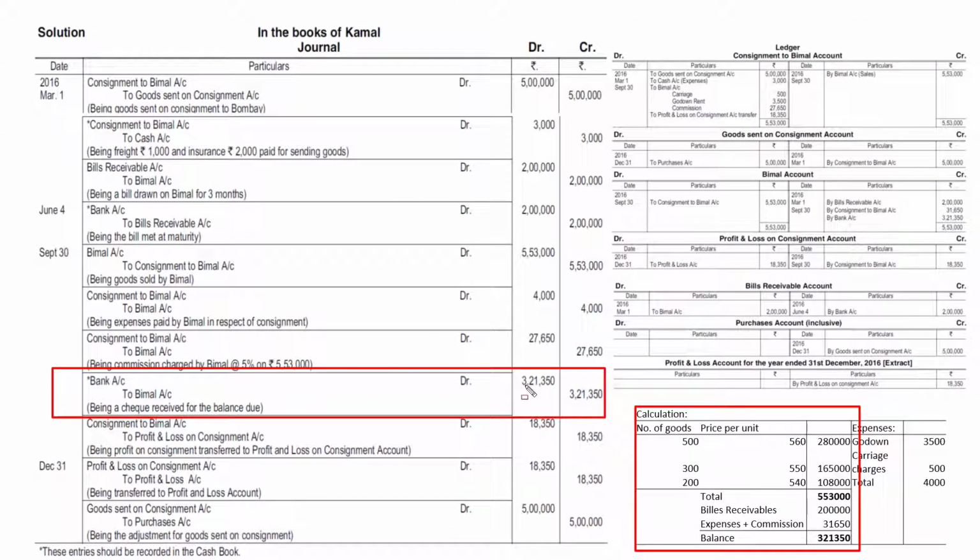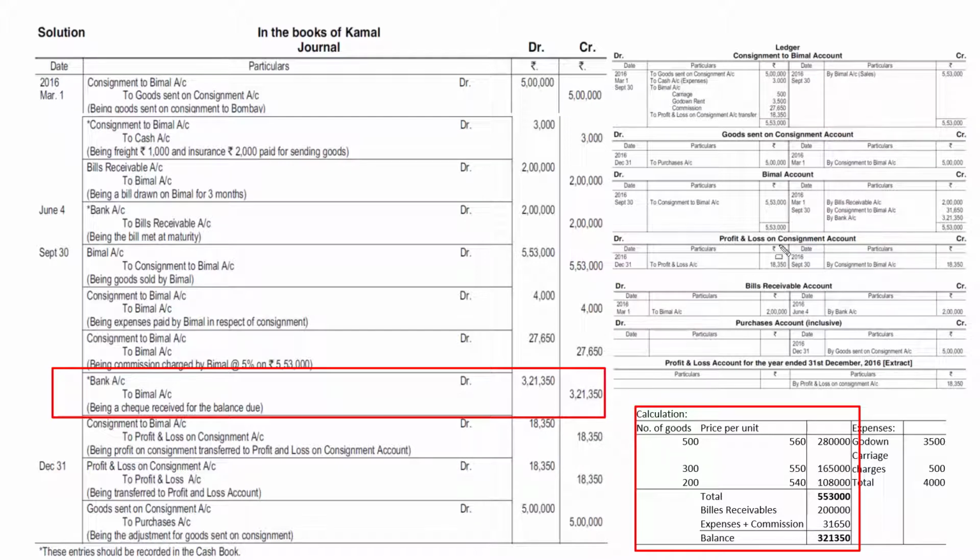So bank account will be debited 3,21,350 and Bimol account will be credited 3,21,350. It will also be posted to the ledger accounts of bank account and Bimol account.